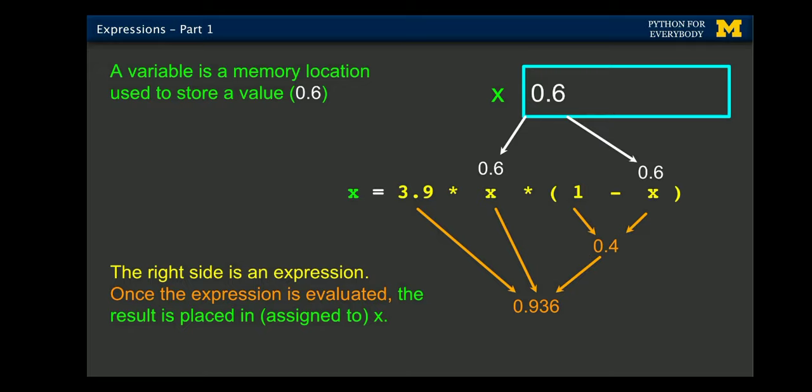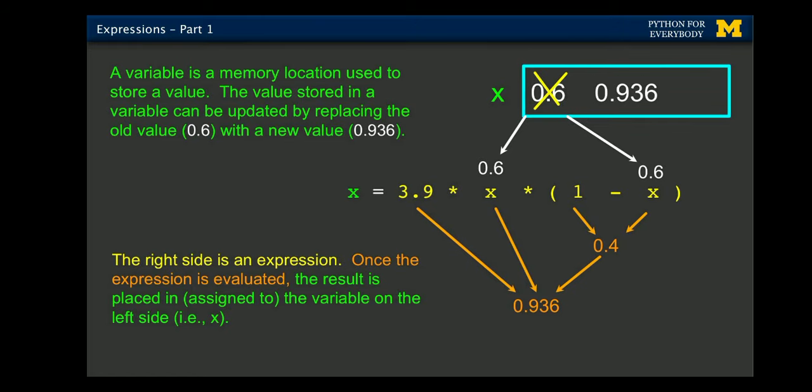The right side is an expression. Once the expression is evaluated, the result is assigned to x. This was the expression, and you will get 0.936 as the output of this expression.